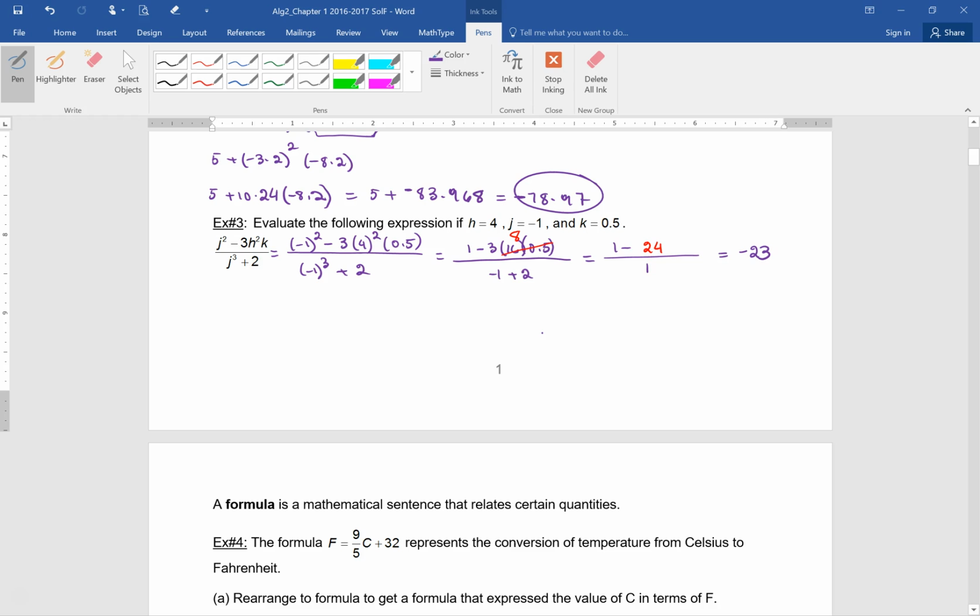All right, so a formula is something that relates two quantities or a couple of quantities. So let's say you wanted something to relate force and acceleration. You want something to show you the relationship between mass and gravitational pull, or between distance and time and velocity. Those are all formulas.